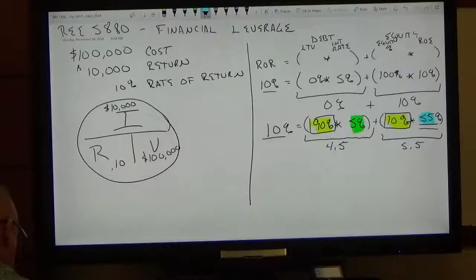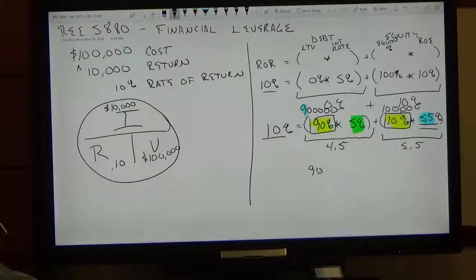So let's put the actual numbers. Okay, the actual numbers are 900,000 and 100,000. Yes? Okay. So let's do this.